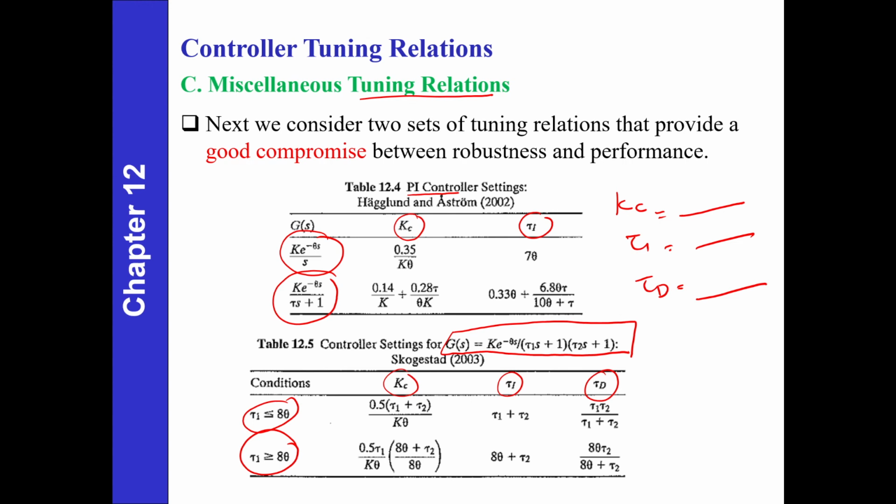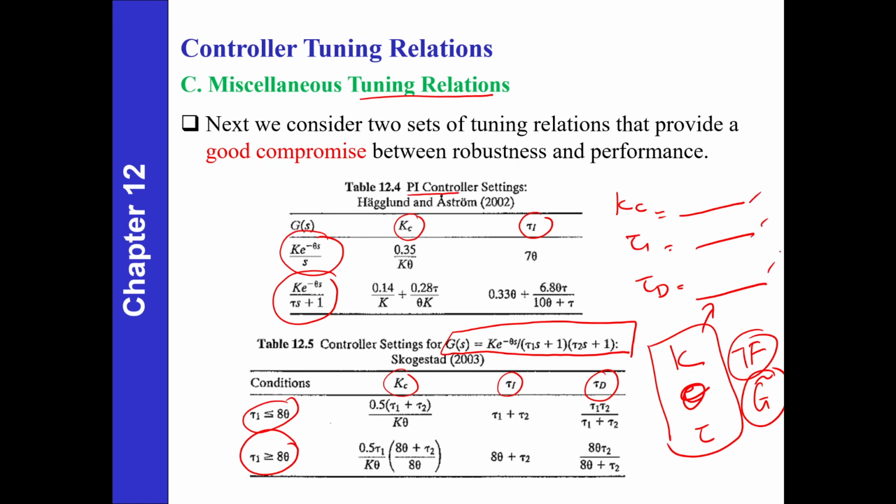Make sure you know what K, theta, and tau are. This information you should get from the transfer function, or from G. Then you plug it into any of the equations and you will get the value. That is what tuning relation is all about.